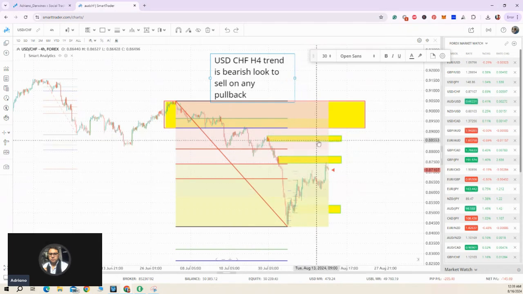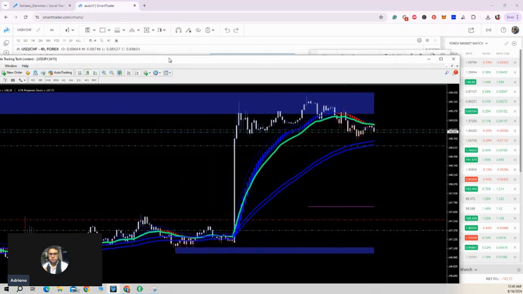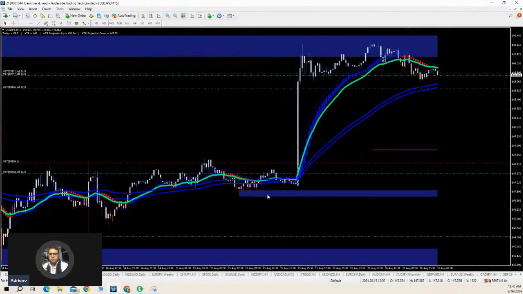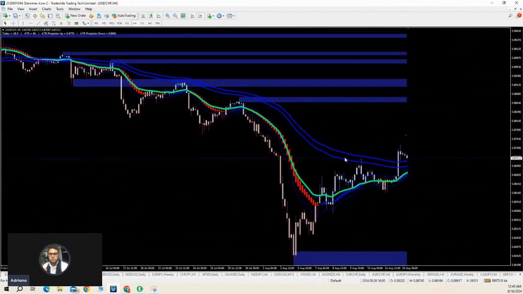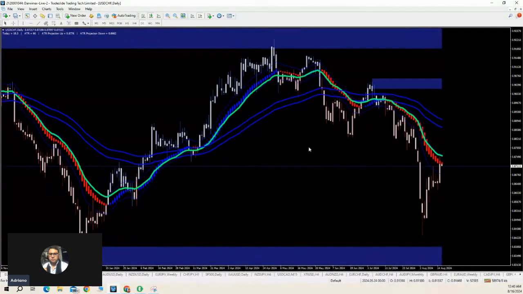The only reason that I don't want to take this trade, let me show you what I'm talking about. If you take a look here on the 4 hour, on the daily, the market went down, and it looks like it might be a retrace or might be a trend reversal.